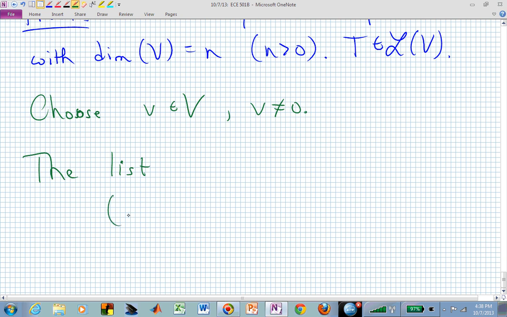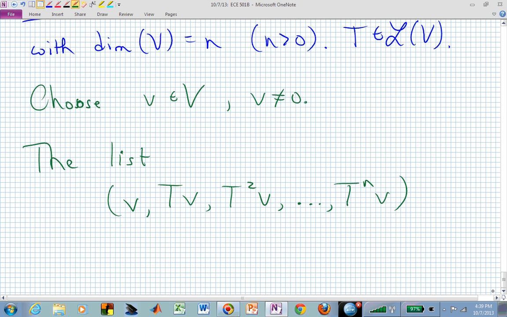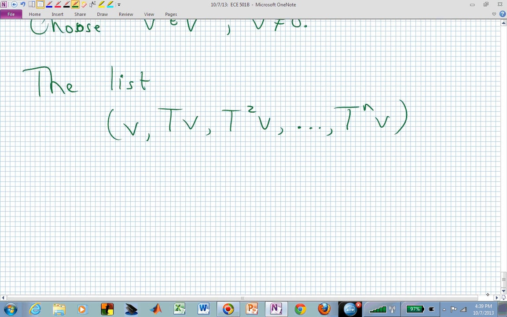Suppose I build the following list of vectors: v, Tv, T squared v, on up to T to the n v. What do I know about that set or that list of vectors?